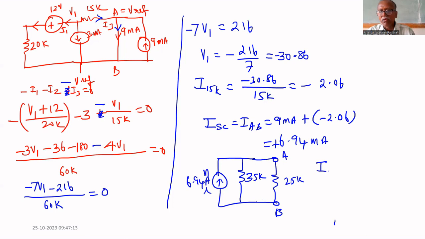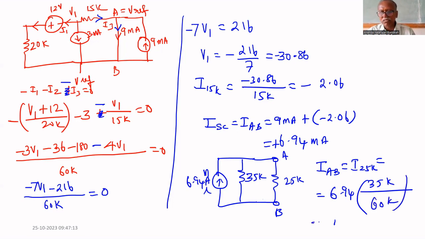Therefore, IAB equal to I25K equal to 6.94 multiplied by the other branch resistance divided by the sum of resistances. That is 60K, equal to how much? 4.05.